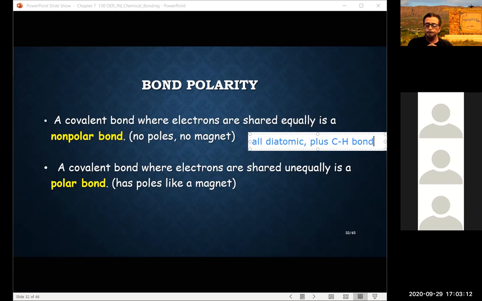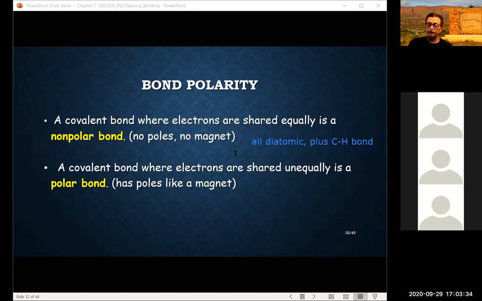Vegetable oil, lard, the majority of those molecules are carbon-hydrogen bonds. We know that oil and water don't mix. The oil is basically a lot of carbon-hydrogen bonds. They're very nonpolar. So all diatomic molecules, and you're aware of 8 examples of nonpolar bonds.